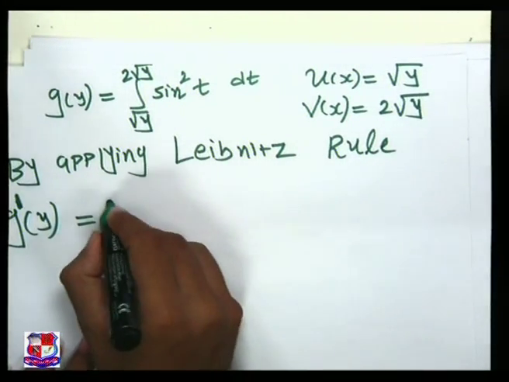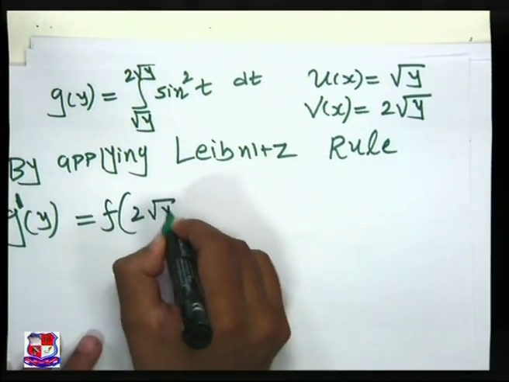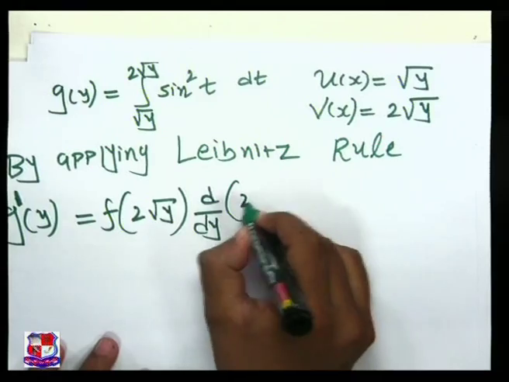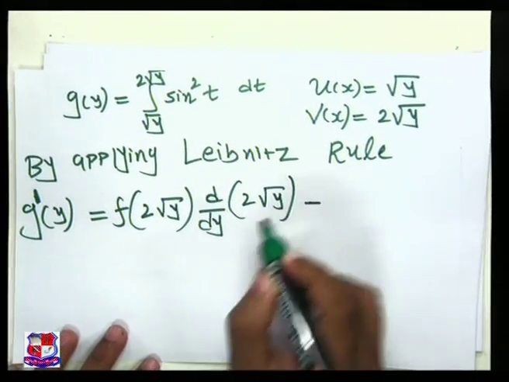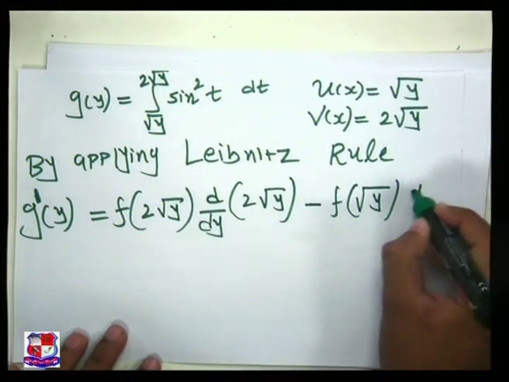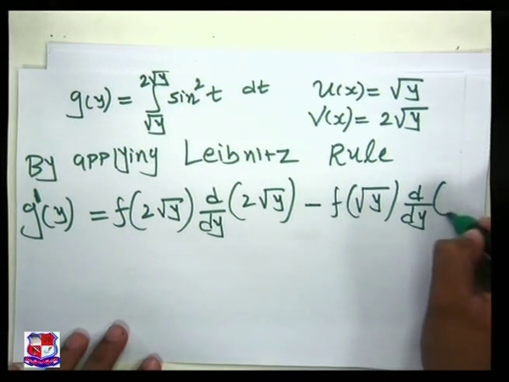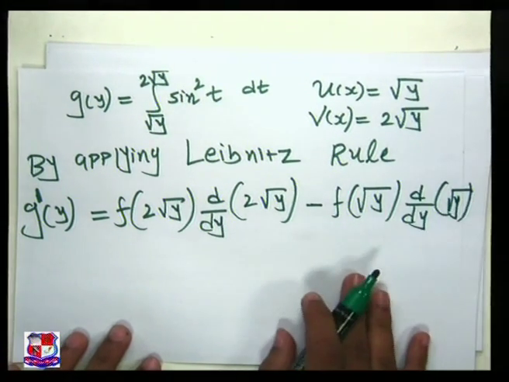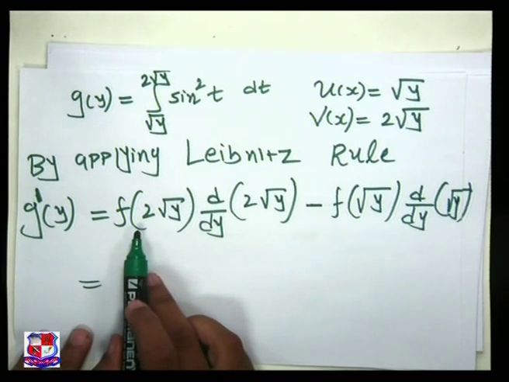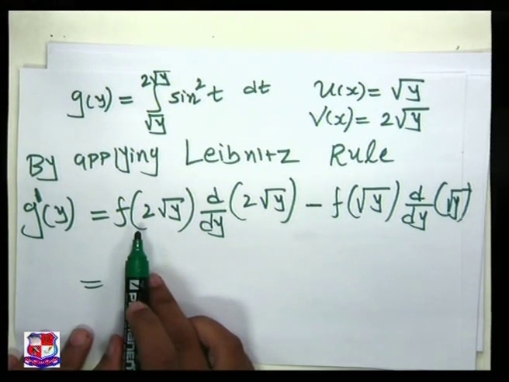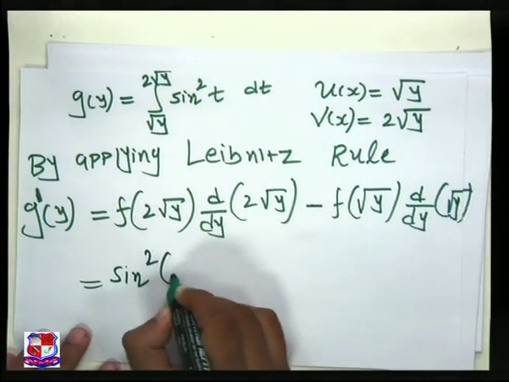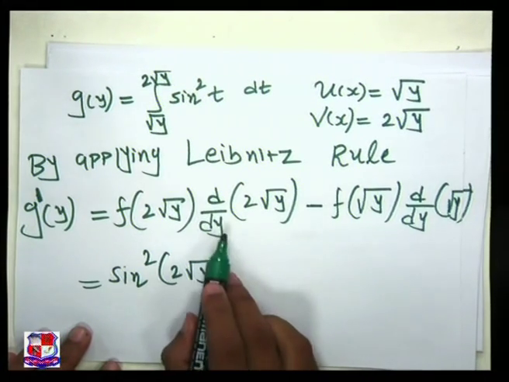Using this formula we get f of 2 root y d by dy of 2 root y minus f of root y into d by dy of root y. Now, because f of t is equal to sin square t, instead of t we put 2 root y, so this is sin square 2 root y d by dy of 2 root y.